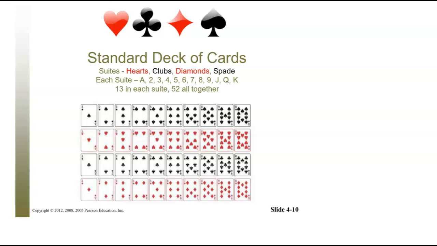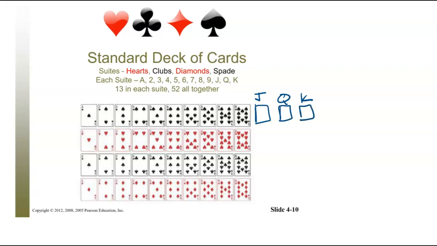All right, you've got the 4 suits, the hearts, the clubs, the diamonds, the spades. The hearts and diamonds are, of course, red. The clubs and spades are black. Each suit contains an ace, 2, 3, 4, 5, 6, 7, 8, 9, 10. This particular picture left out the rest, so you also have a jack, a queen, and a king.